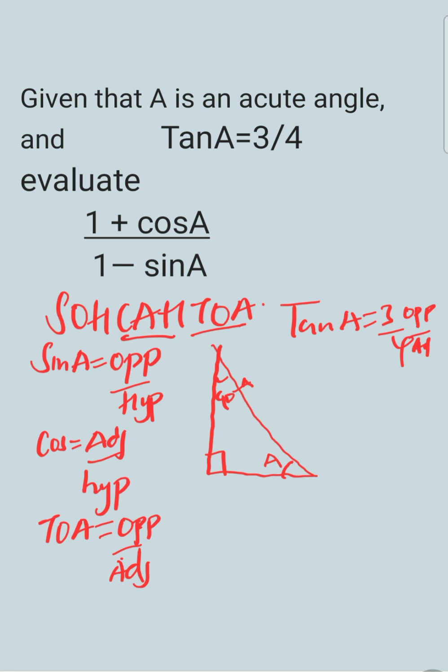Its opposite is 3 and its adjacent is 4. Using the Pythagoras theorem, 3 squared plus 4 squared equals c squared, so c squared equals 25, c equals 5. So we have our 5.